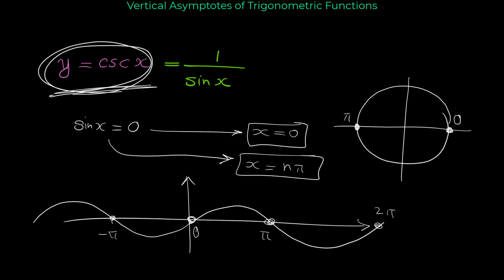Here is 0, pi, 2 pi, 3 pi, negative 2 pi. If we want to write all of them as an equation, we can write them as n pi, where n can be any integer number, like 1, 2, 3, 4, 0, negative 1, negative 2, negative 3. So, again, cosecant x has infinite vertical asymptotes.